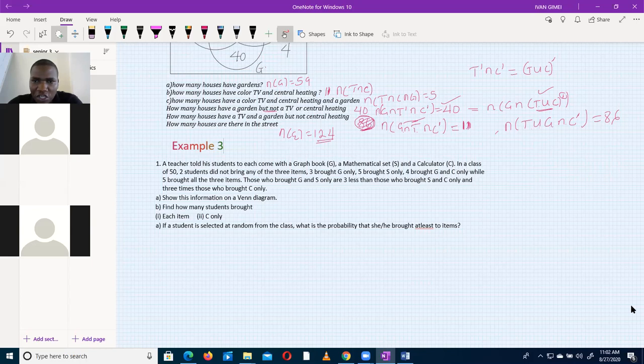Those who brought G and S only are 3 less than those who brought S and C only, and 3 times those who brought C only. That's some bit of logic for us, and this will take us through the remaining time.